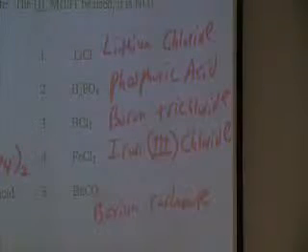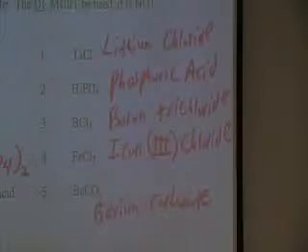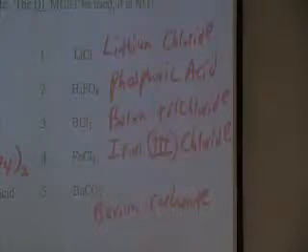All right. Yes, sir. No, no partial credit given. It's either right or wrong. All right. And there'll be about 12, I haven't made it up yet, but there'll be about 12 formulas and about 12 names for 24 total points, right?